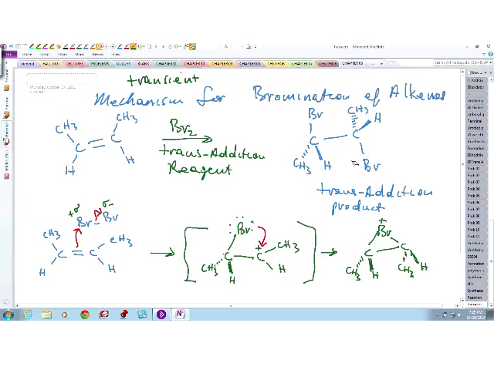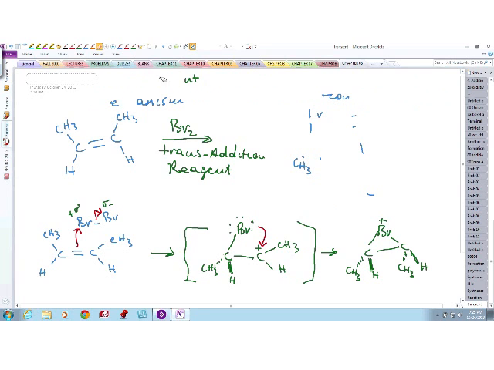Okay, we form that intermediate molecule, and that intermediate we refer to as a bromonium ion. Very reactive.